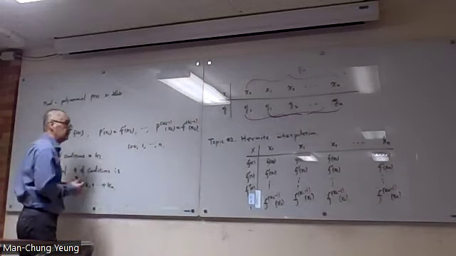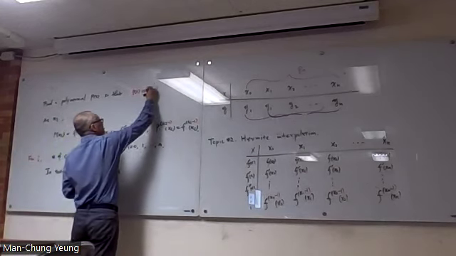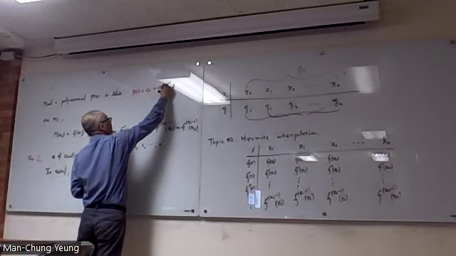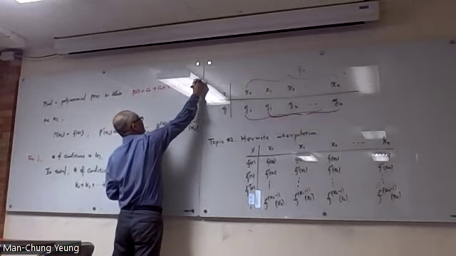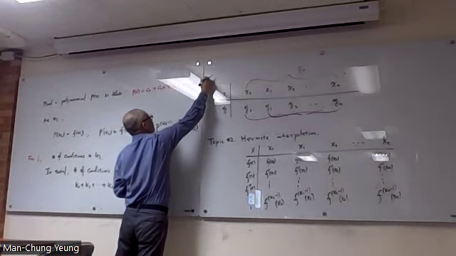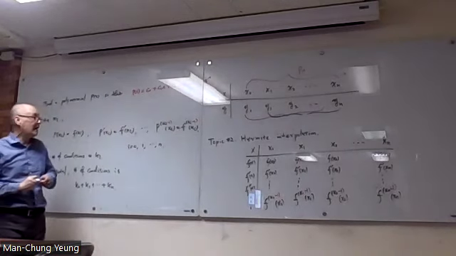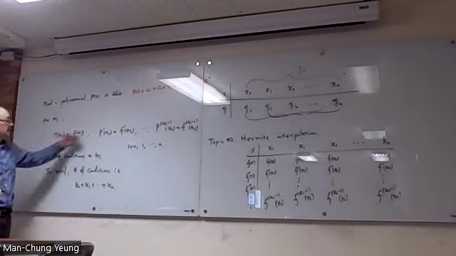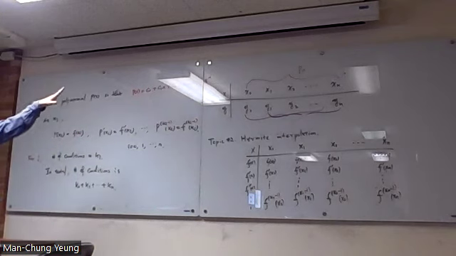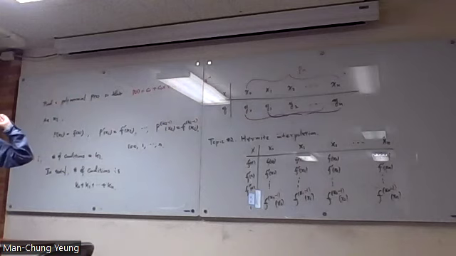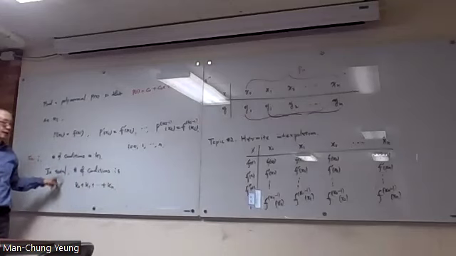Say P is a polynomial, c_0 plus c_1 x plus c_2 x squared plus up to c_m x^m. I want to find a polynomial that satisfies all these conditions. Then what is the smallest m? Do you have an idea? In total, we have so many conditions, so many equations.